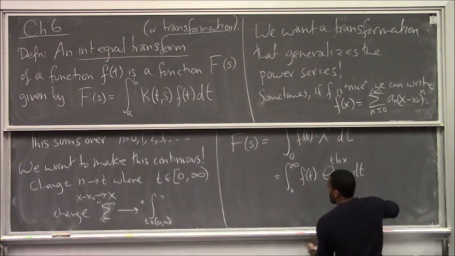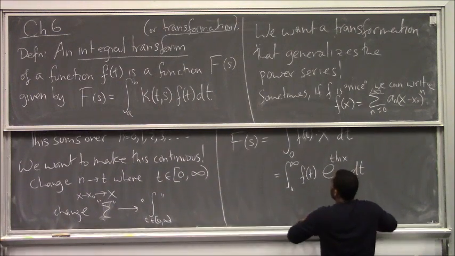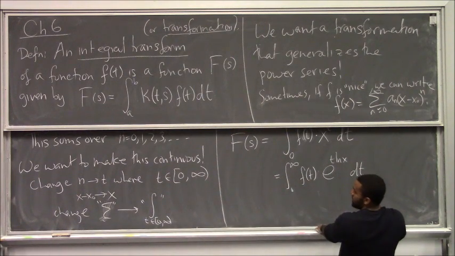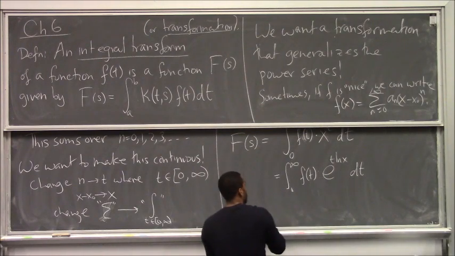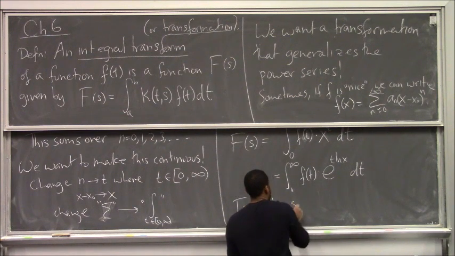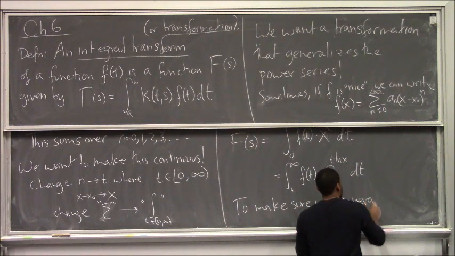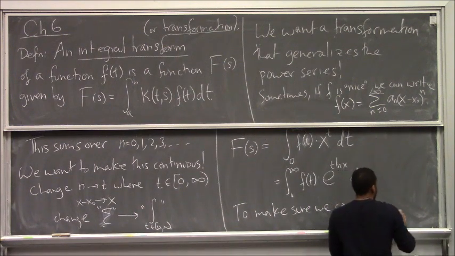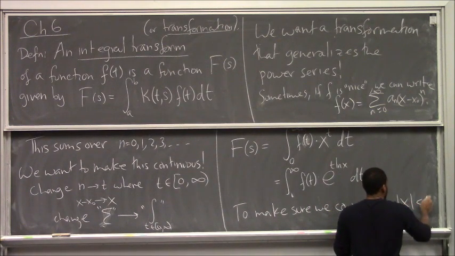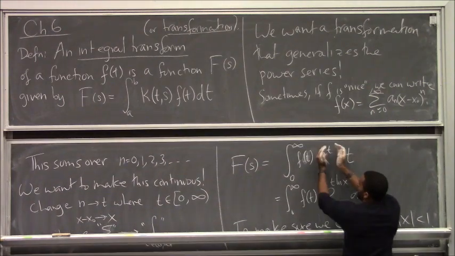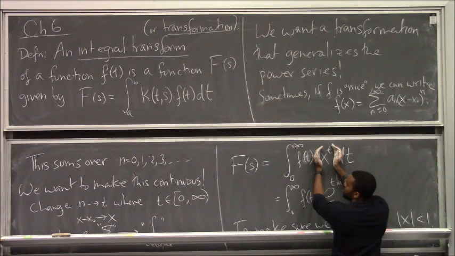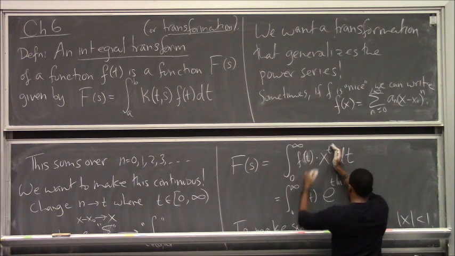And so now I want to make sure that this converges, but I'm not a series anymore, so I don't have the ratio test. So I have to make sure it converges some other way. For one, I'm going to make sure that my x is less than 1 in absolute value, because then I know that this has a chance of converging if it goes down to 0 when I'm summing over infinity.